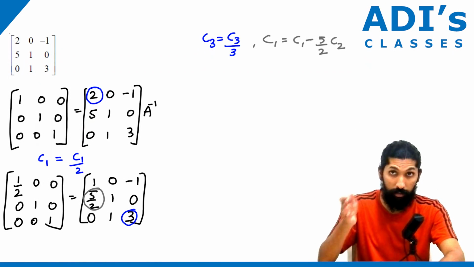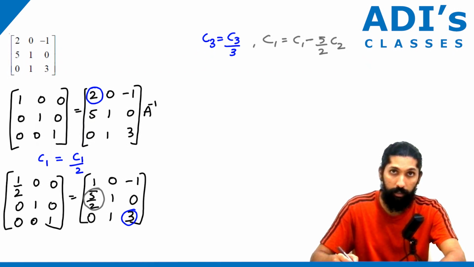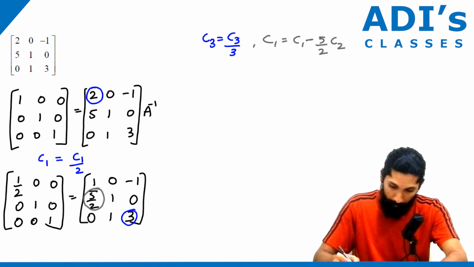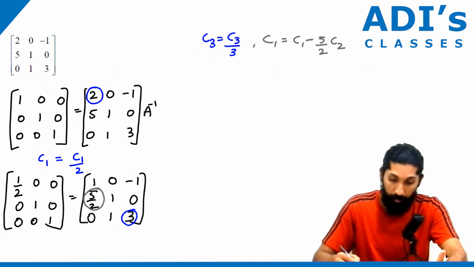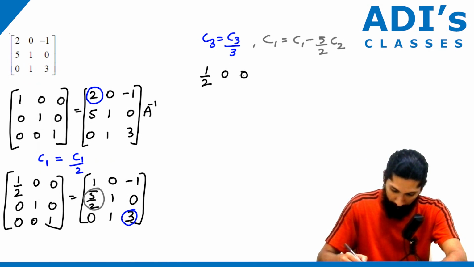On the left hand side, the column 1 operation is there, right? C1 minus this, so it makes no difference. On the left hand side, first this is going to become half itself. Then 0, 0. Then 0 minus this one, so minus 5 by 2. Then 1, 0, 0, 0, 1.